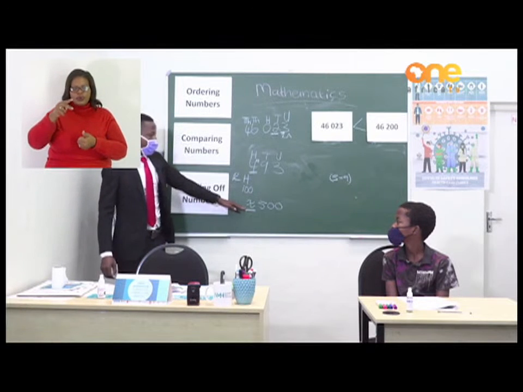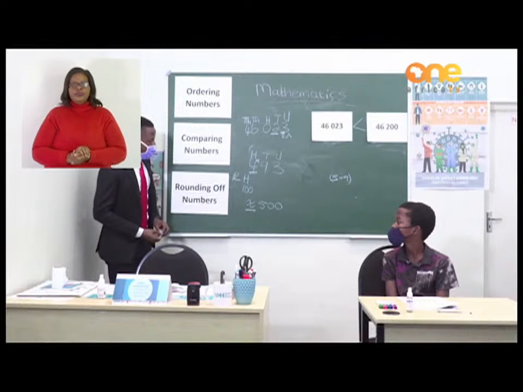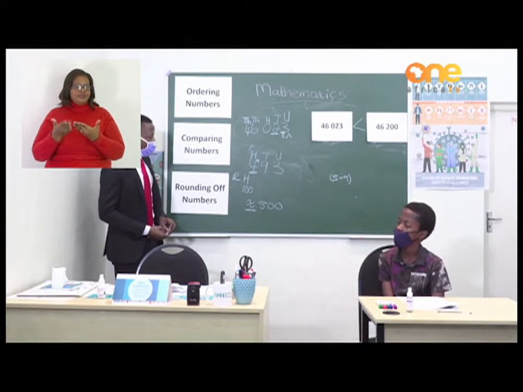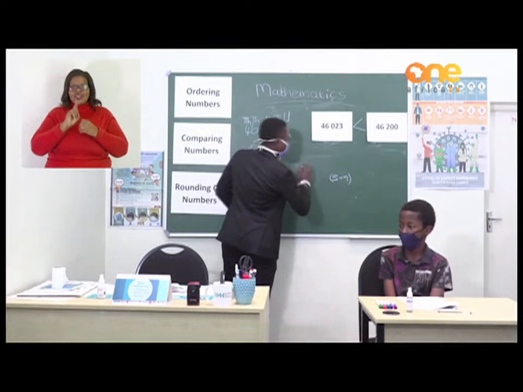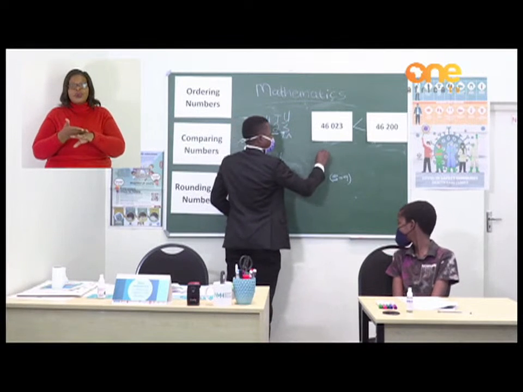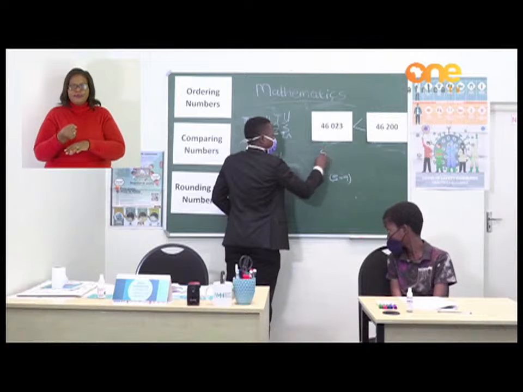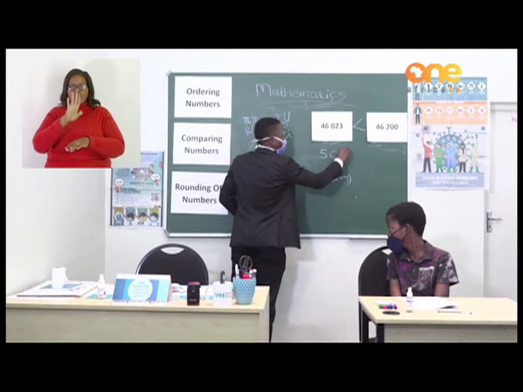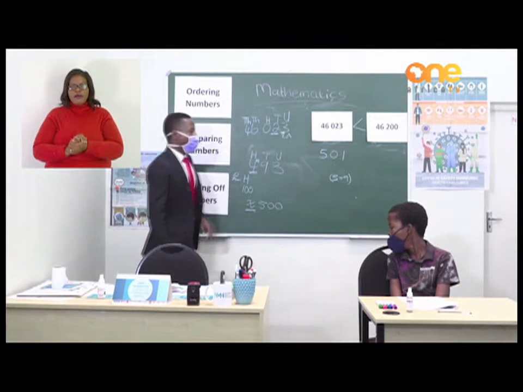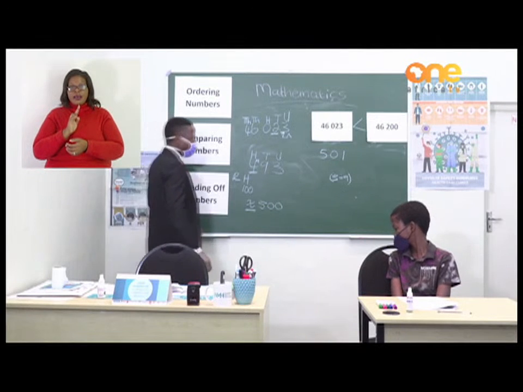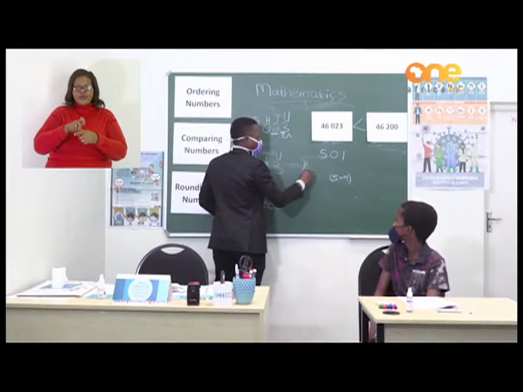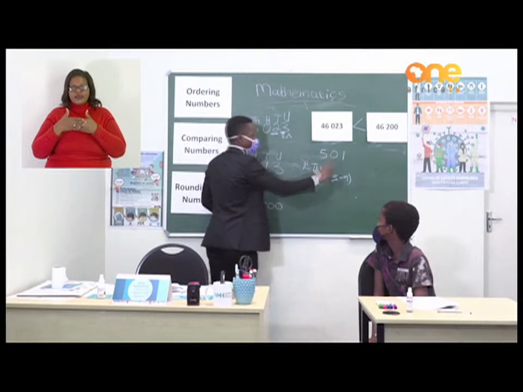So this example is quite easy, and there can also be another, more challenging one. For example, we can have 5, 0, 1. And then they say, round off that to the nearest 1,000.